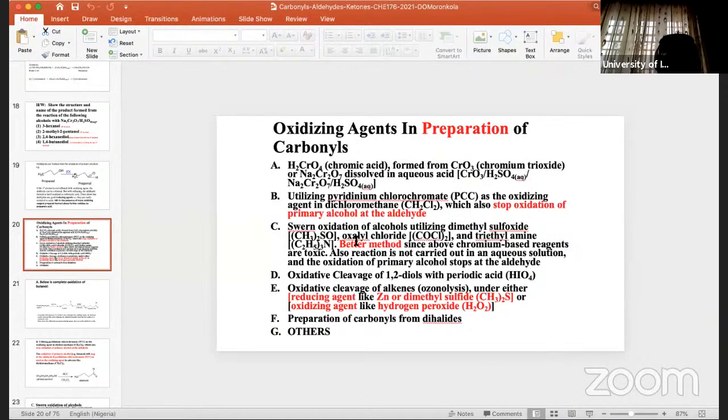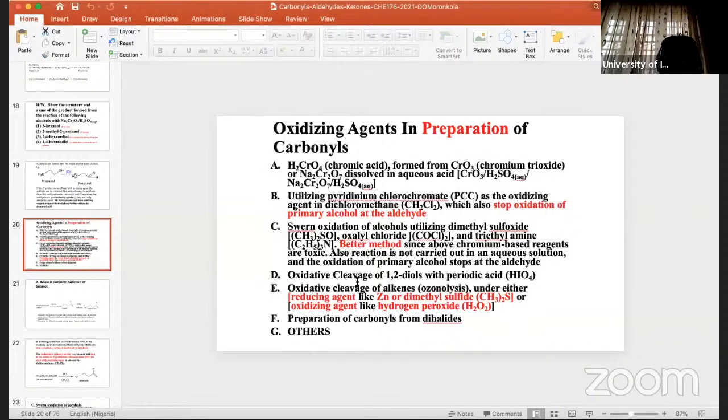Now, this is much better in that we are not making use of the dangerous chromium-based reagents, which we earlier touched in A and B. It's quite more human-friendly in this number C. And also, the added advantage which B has is that you can stop the oxidation at the production of the aldehyde, if that is our focus and our interest.